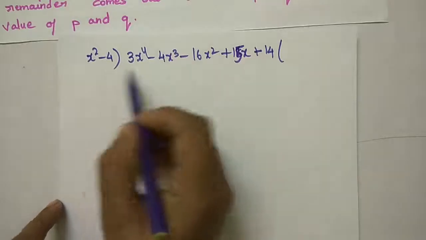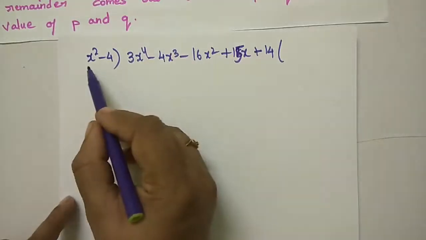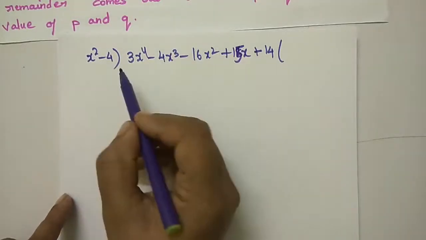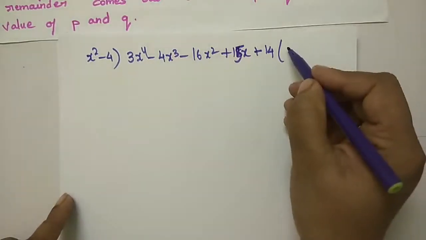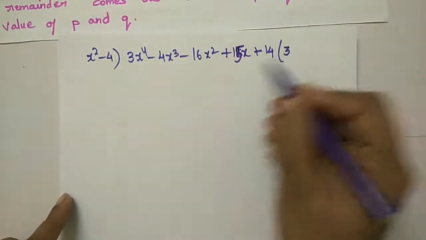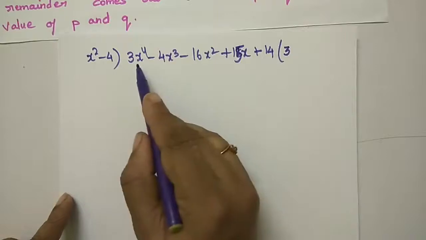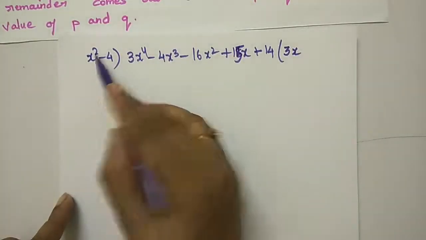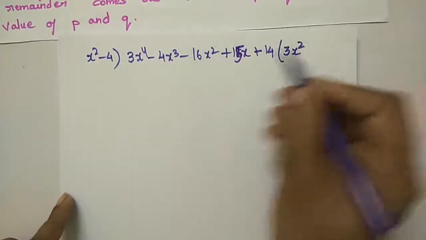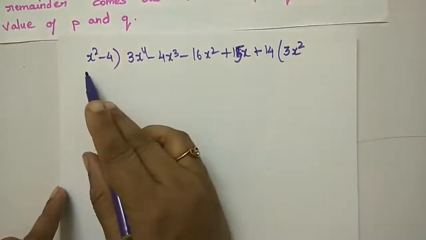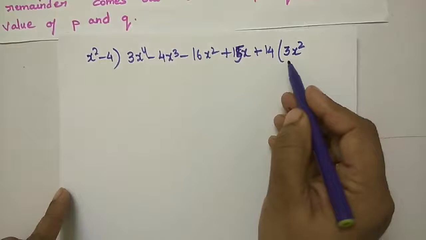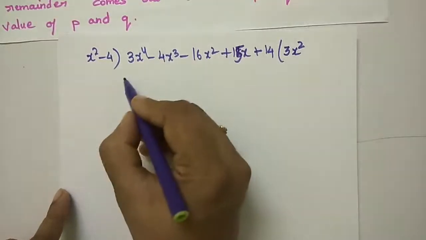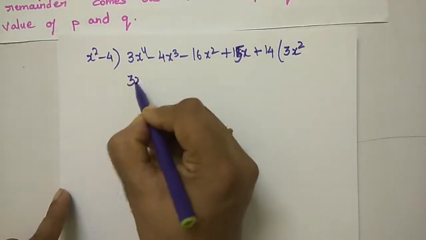Here x square is there, here 3x power 4 is there. Quotient is 1 and here it is 3. So 1 into 3 you will get 3. So write down here 3. Here x is there, here x is there. Write down x. Here 2, here 4. 2 plus 2 you will get 4. So I will write down here 2. 3x square. Now multiply 3x square with whole g of x. You will get 3x power 4.